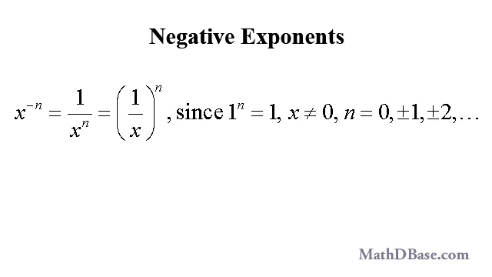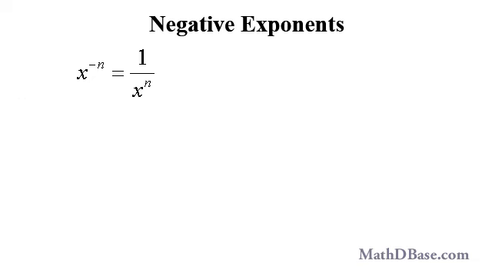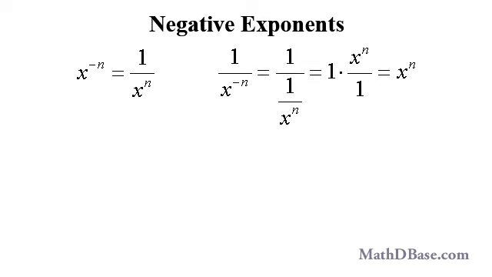Raising a base to a negative exponent is the same as raising the reciprocal of the base to the positive of that exponent. So what if we write the reciprocal of x to that negative exponent? Since x to the negative nth is equal to the reciprocal of x to the nth, the reciprocal of x to the negative nth is equal to the reciprocal of 1 over x to the nth.